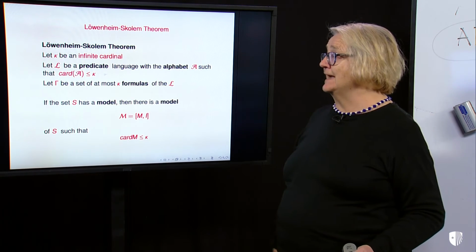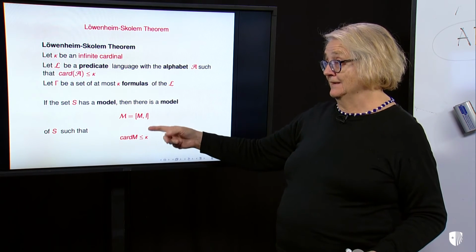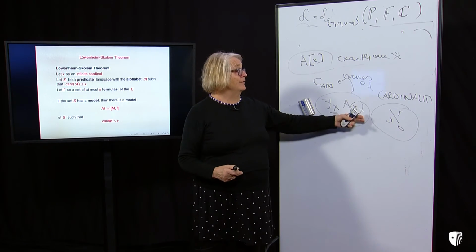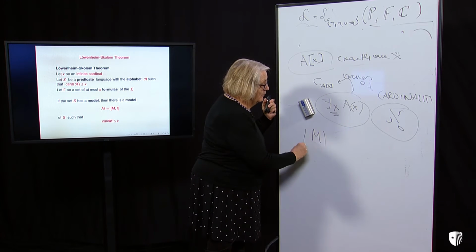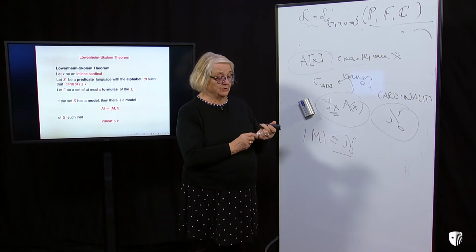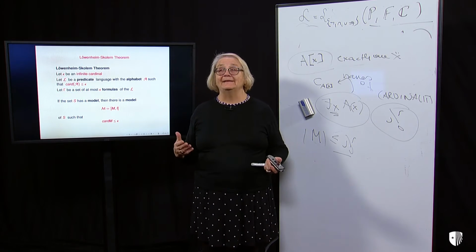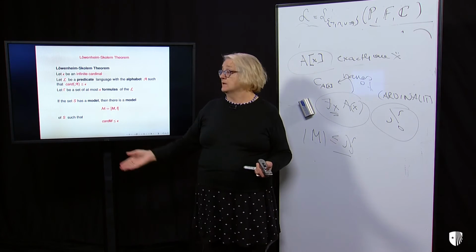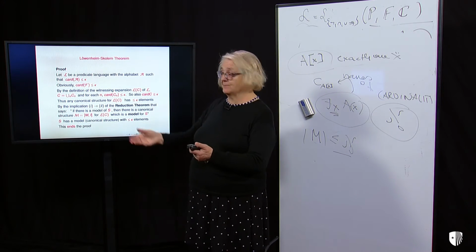If the set has a model, there is a model S whose cardinality is less than or equal to K. Here, the canonical model had cardinality less than or equal to Aleph 0. In general, all the models which we were getting had cardinality at most countably infinite, or finite. So now you have the generalization for any infinite cardinal, and that is a beautiful proof.